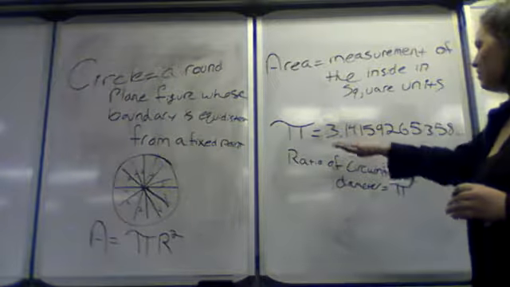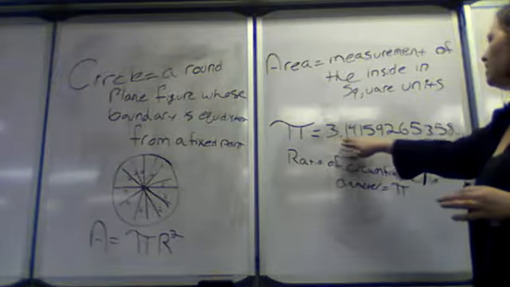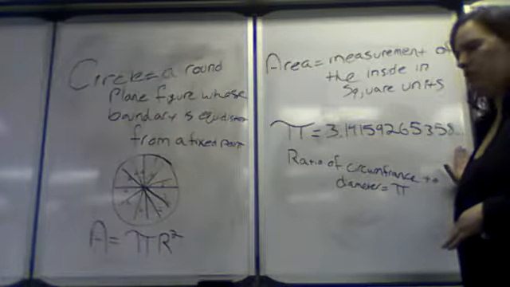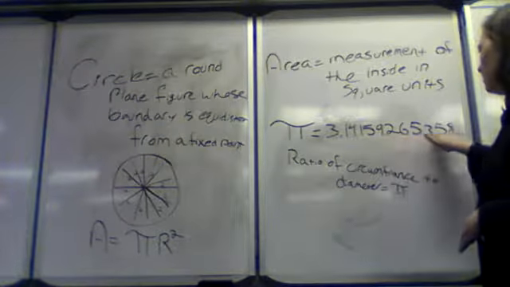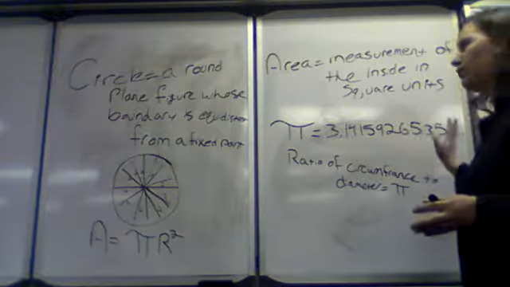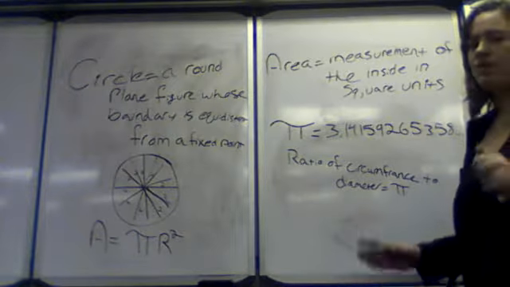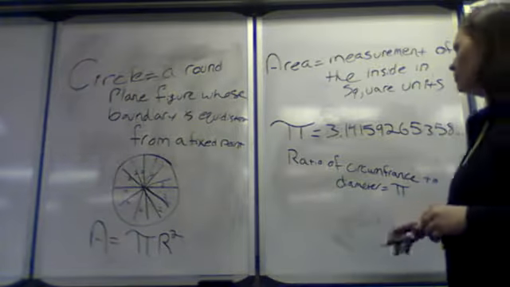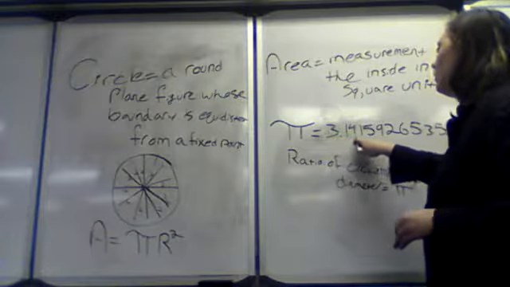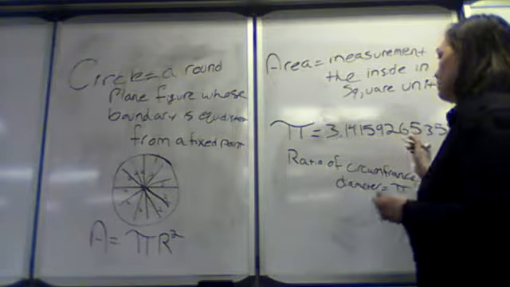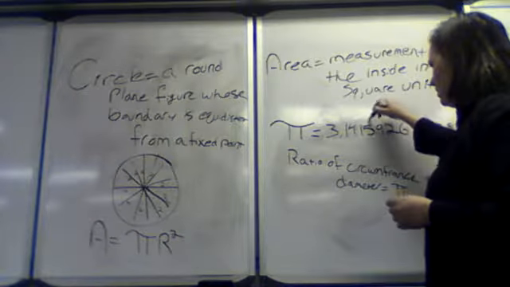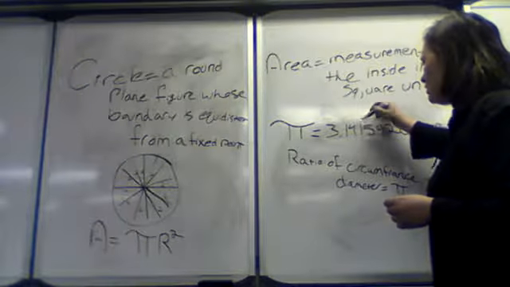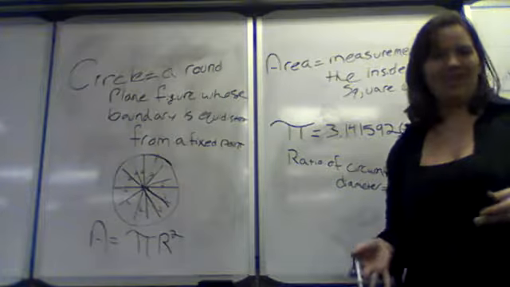Pi is 3 point, an infinite number of decimals, and every number within your decimal is going to be different compared to the one it's next to. It's never going to repeat. So pi is often rounded to 3.14 or 3.142 because you're rounding this next number up. Some people will actually take time to memorize however many digits of pi that they can.